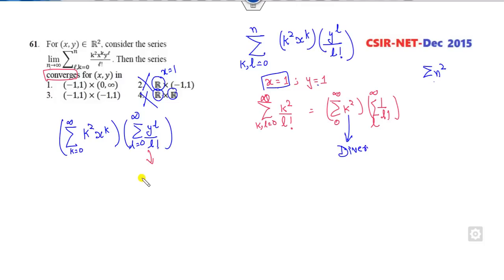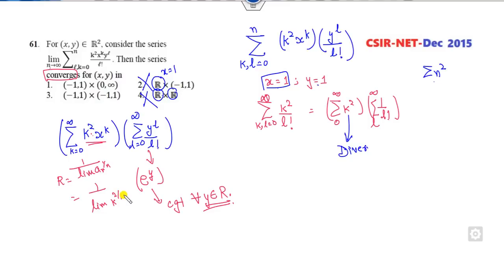This is nothing but the exponential of y, which is convergent for all values of y. And for the other part, we can find the radius of convergence. That is 1 over limit a_n raised to power 1 by n. So limit of k square raised to power 1 by k is 1. So r is 1. So this is convergent when it is less than 1, because equality is a divergence.